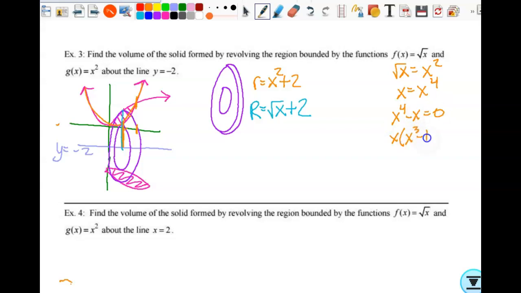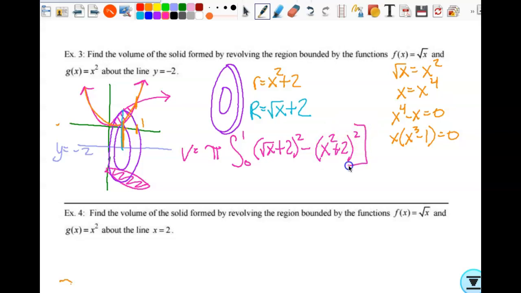I got x times x cubed minus 1. So that's 0 and what? 0 and 1. Okay, so this is at 1. So my volume is pi times the integral from 0 to 1 of big R, which is the square root of x plus 2 squared, minus little r, which is x squared plus 2 squared dx.